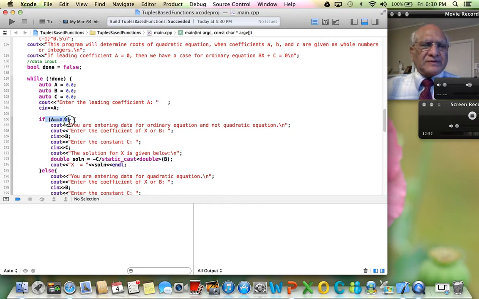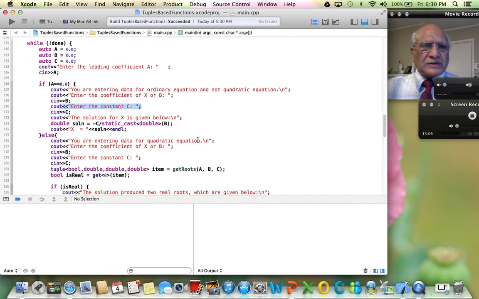Then I really have a simple equation, which is Bx plus C. So I tell them that you are entering data for the ordinary equation and not the quadratic equation. And then I ask them to enter coefficient of X or B and constant C. And then solution in that case is very simple. Minus C divided by B will be the solution, and I print them.